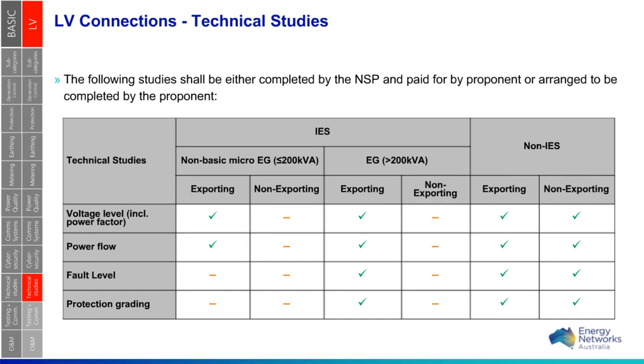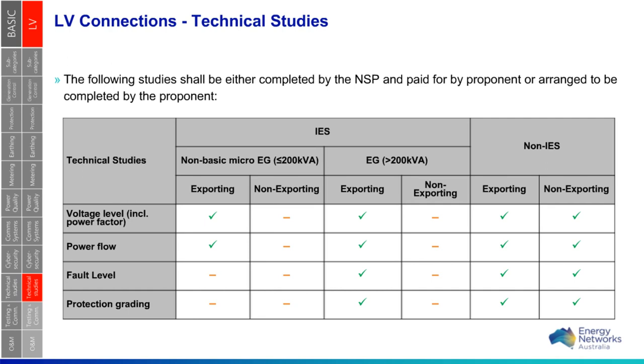So at the top there we've got IES and non-IES, and if we just focus on the IES for now, it's split further into non-basic micro-EG, which is less than or equal to 200 kVA, or greater than 200 kVA, and then that's further subcategorized into exporting and non-exporting, and then that's similarly split up for non-IES.